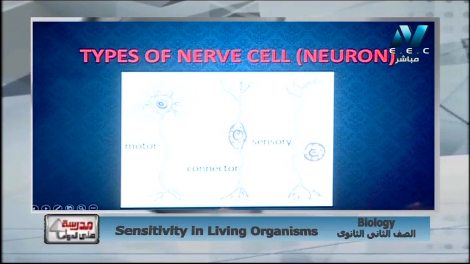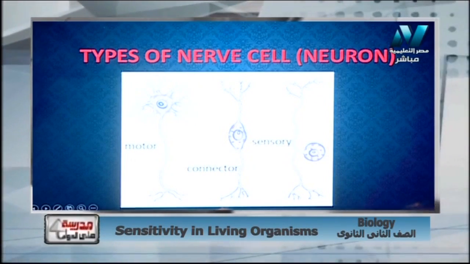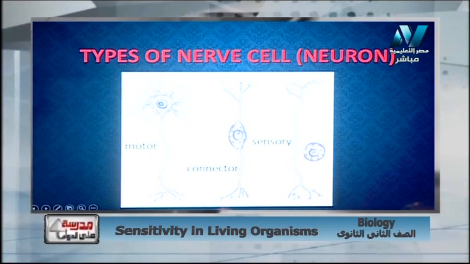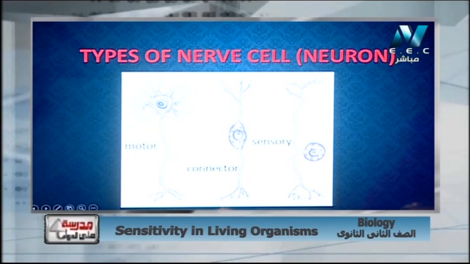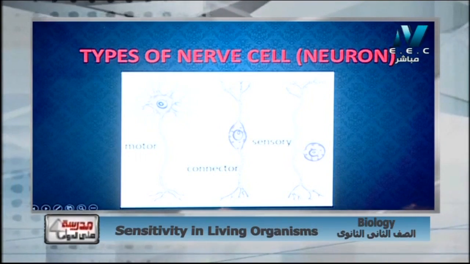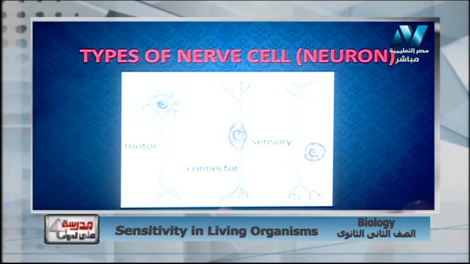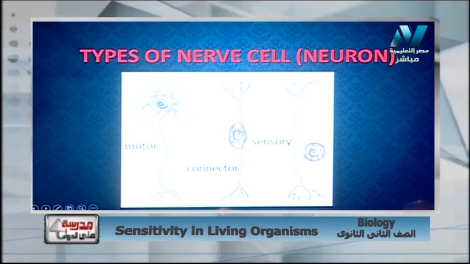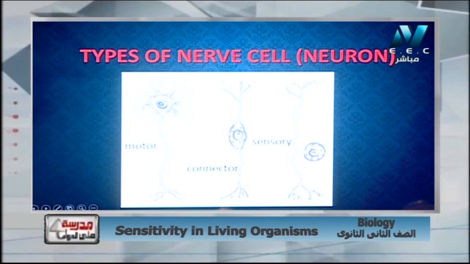The target organ could be a gland or a muscle. What about the connector? The connector neuron is present in a certain part of the spinal cord, and connects the sensory with the motor neurons without referring to the brain.